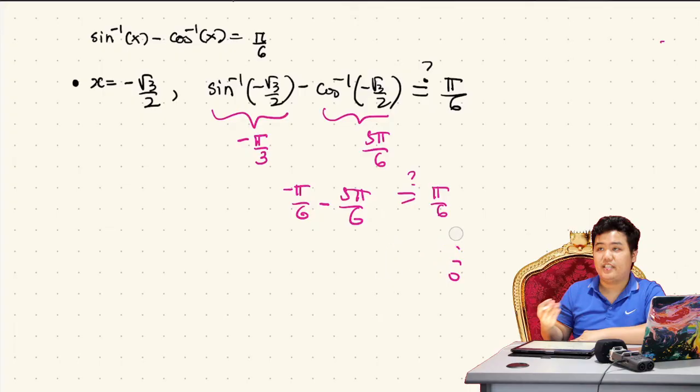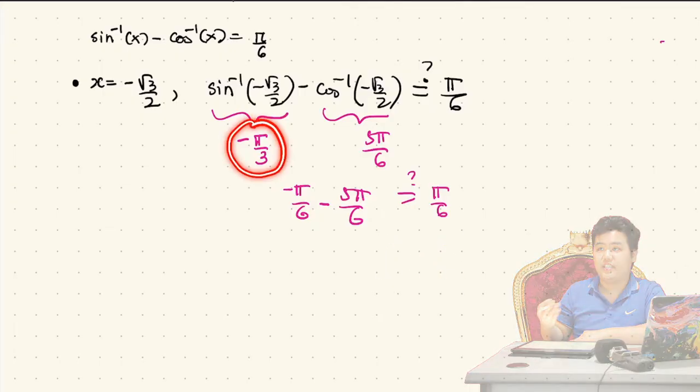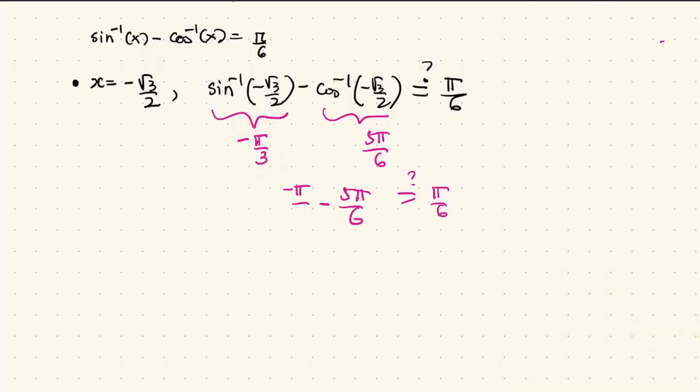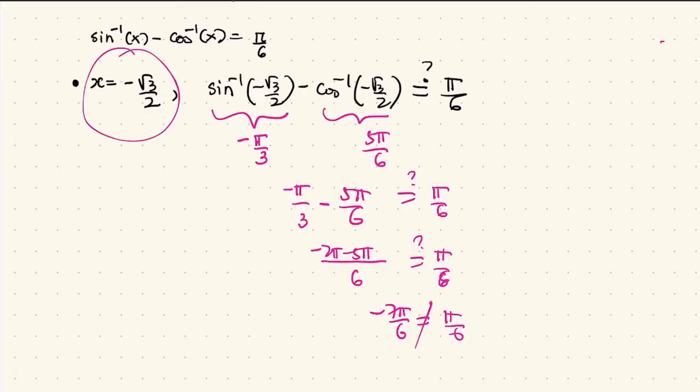Ulit natin. Okay, so this is negative pi over 3. Kopyahin natin. Negative pi over 3, 5 pi over 6. This minus sign is this minus sign. Okay, equal kaya yan? Ano LCD? 6. Negative 2 pi minus 5 pi. So, negative 7 pi over 6. So, hindi equal ito. So, ibig sabihin, this is not a solution. So, etong part na ito is an extraneous solution.